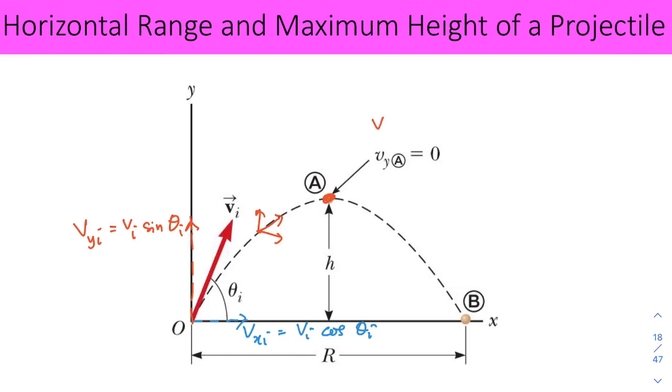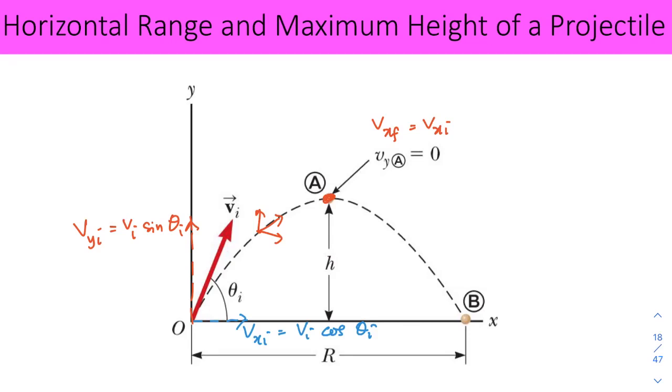And then at maximum height, x final is equivalent to vx initial. However, vy at maximum height is 0, because we treat it the same as the free fall case. It stops for a moment before it falls down, right, as in free fall.